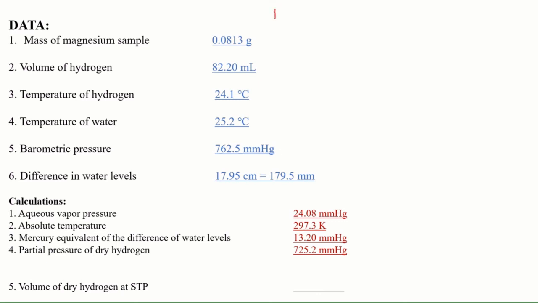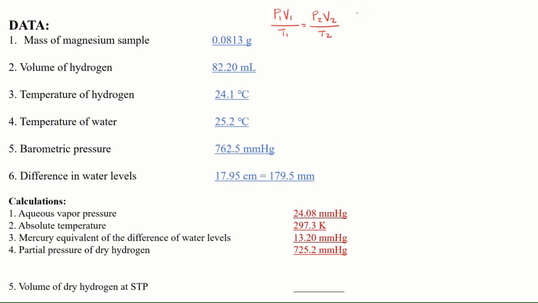So we have P1 V1 over T1 equals P2 V2 over T2. Now what I will do is I'm going to dedicate number 1 to be experimental condition. I will dedicate number 2 to be STP.